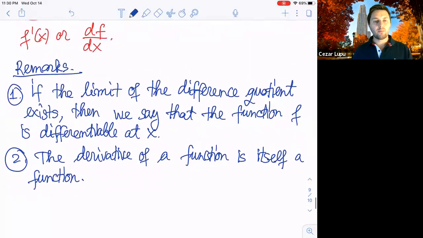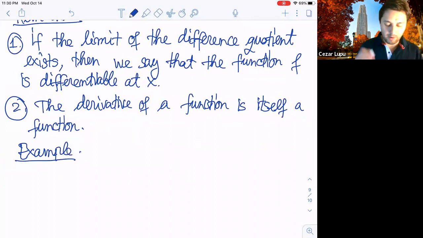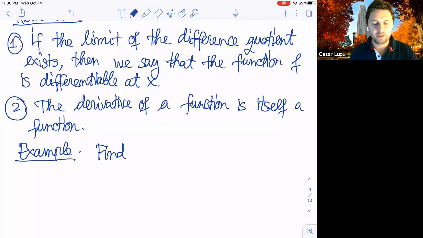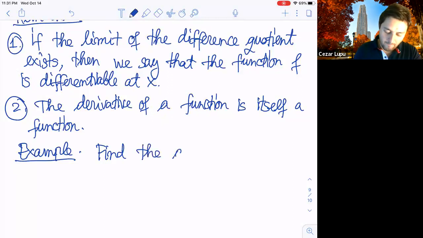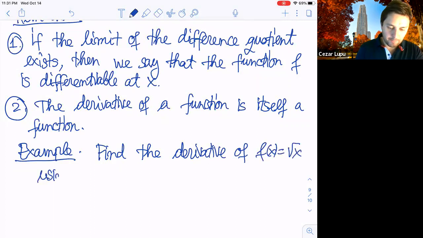Okay, now let's see an example. I forgot the number, anyway, I'm not going to number them again. Let's take not the very simple function, let's take a little bit more complicated one. So find the derivative of f of x equals square root of x using the definition.